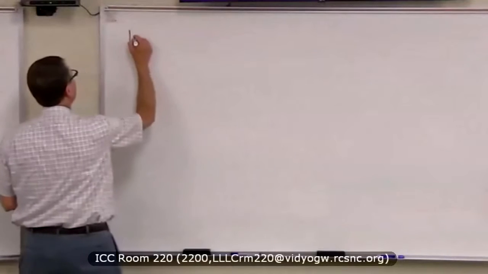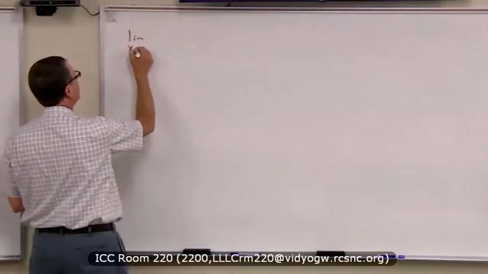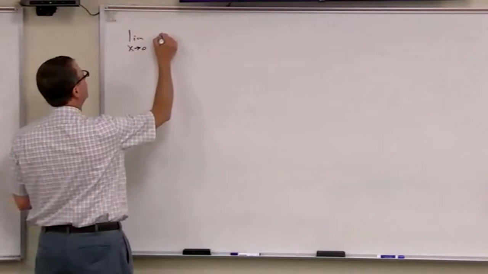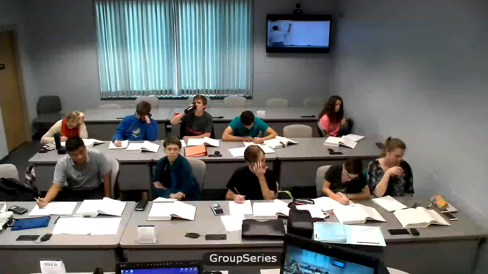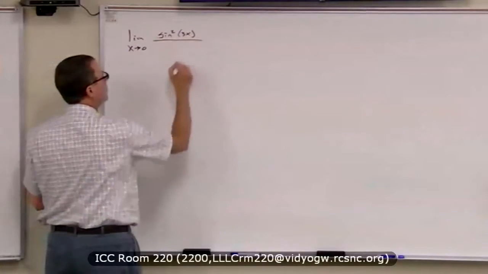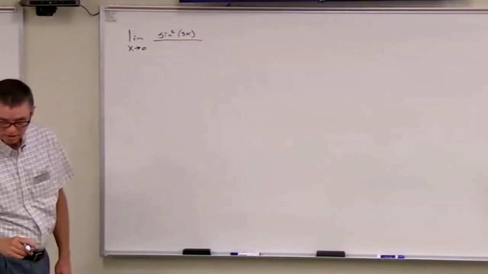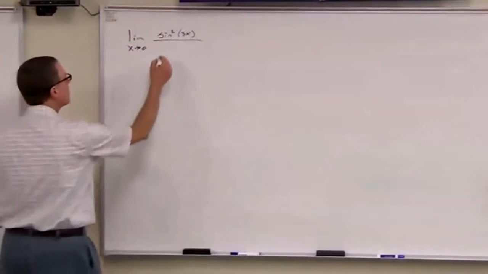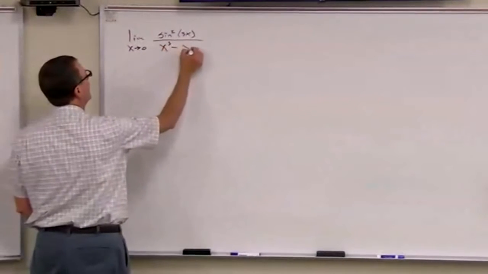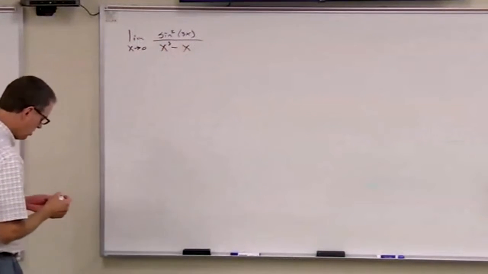Limit. What is it? x goes to 0. Yeah, sine squared of 3x over x cubed minus x. Yep, x cubed minus x. Okay.